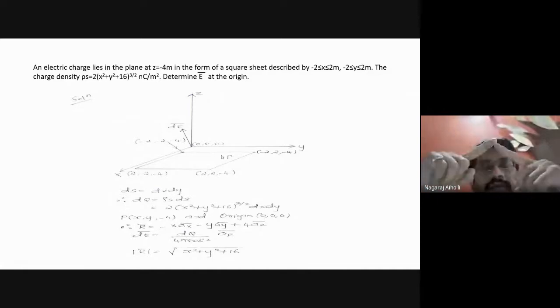So x we have taken like this, from here to here. Then y, it is like this. Horizontally we have to take y. That is why we are taking here horizontally minus 2 to plus 2. This is our minus 2 y component. Then this is plus 2. The minus 2 is lying on the other side, the negative y-axis. Plus 2 is the positive y-axis.